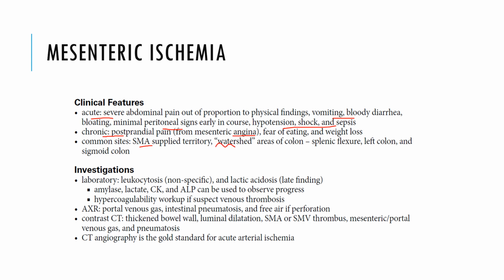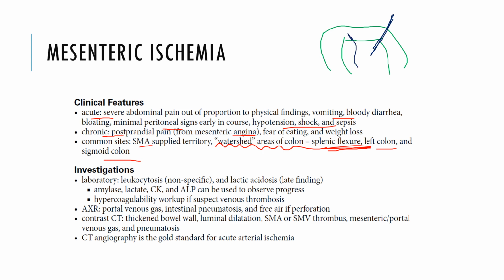They usually ask about the watershed areas. Usually in options, what is the usual site of ischemia? It is the splenic flexure, the most common site. Or other watershed areas like the left colon and sigmoid colon. What are watershed areas? Suppose we have the ascending colon, transverse colon, and descending colon. So this is the splenic flexure. Why is this a watershed area?